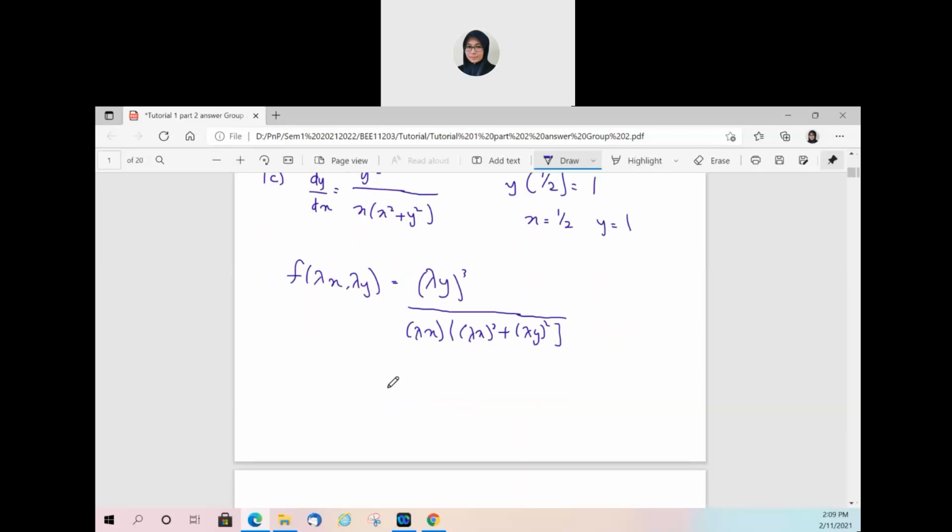Then this one equals lambda y divided by lambda square x square plus lambda square y square.